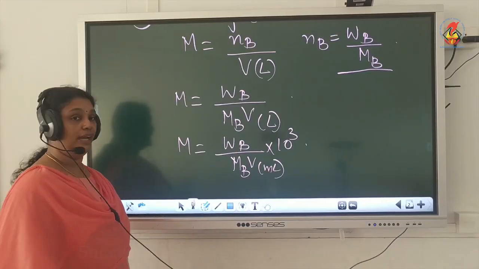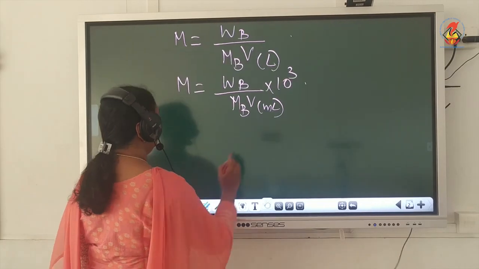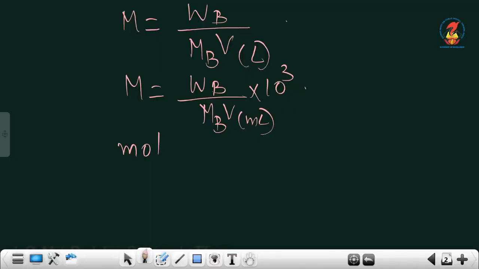You get molarity. Now the unit of molarity is mole per liter, or molar, or capital M.